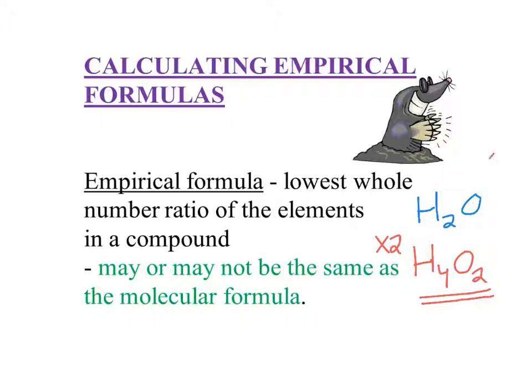So H2O here is our empirical formula because the ratio is as simple as we can get. Now, it's not the same as the molecular formula, but the molecular formula, H4O2, we don't know much about this compound in particular, but this could be the right formula for some sort of other compound. So for now, we're just concerned with understanding the simplest ratio.